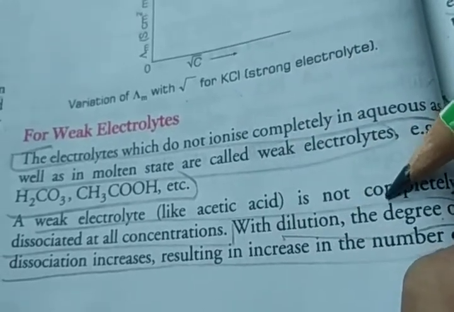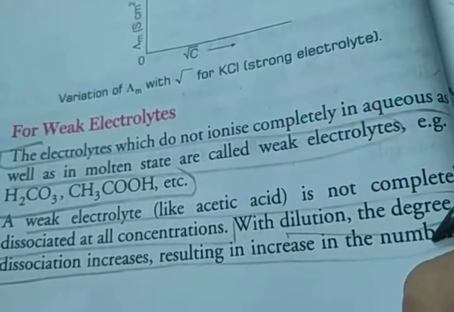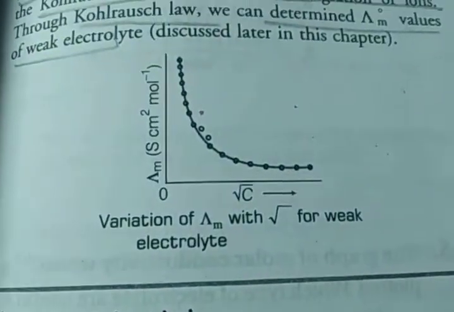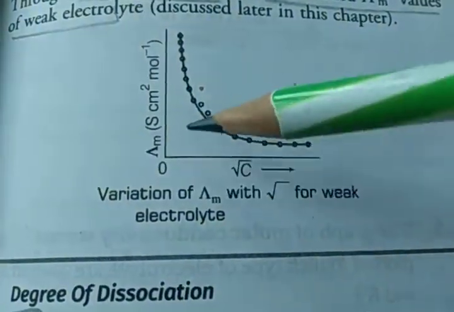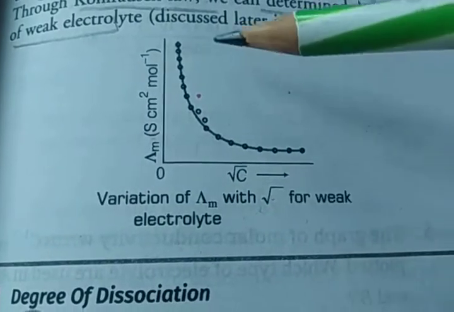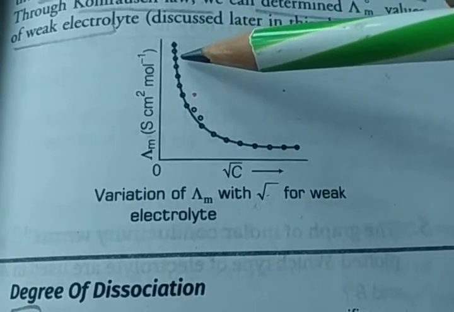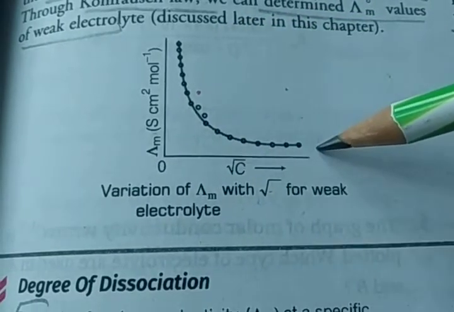With dilution, the degree of dissociation increases, and so does the number of ions. So when we plot molar conductivity versus root C, the graph of the weak electrolyte becomes almost parallel to the y-axis.